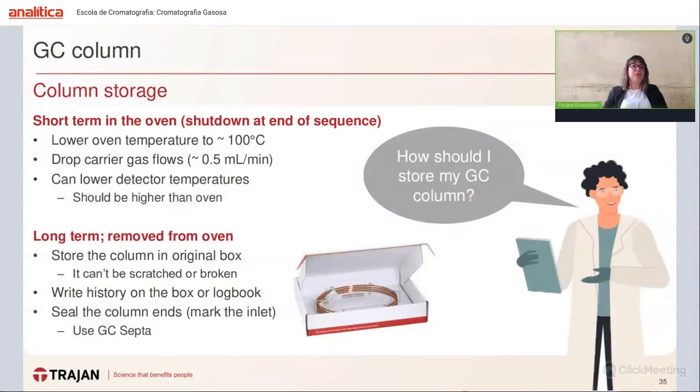And we should always seal the column ends. And we should mark the inlet end as well as the detector end, so that if we would like to install the column again, we will know which end to connect to, either detector or injector. And for sealing the column ends, the easiest way is to use GC septa. Just put the septa on the GC column.